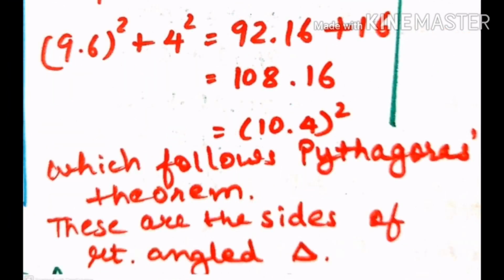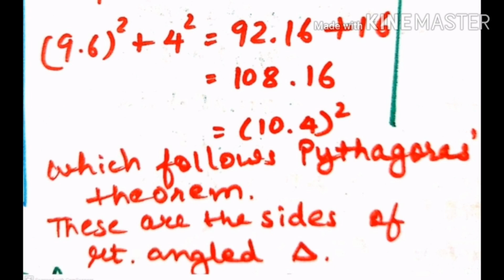So what I did, 9.6 square plus 4 square, adding them I get 108.16. This is nothing but 10.4 square. So here we follow the Pythagoras theorem and these are the sides of a right angle triangle. When you get equal, then you can say it is forming a right angle triangle by Pythagoras theorem.